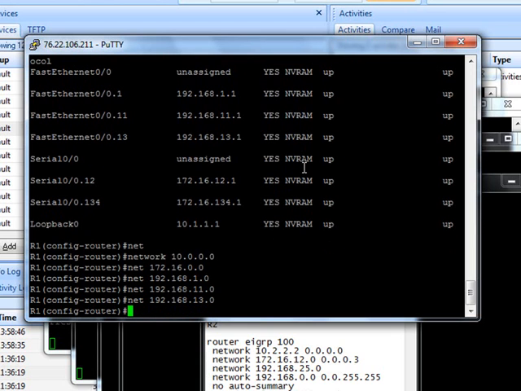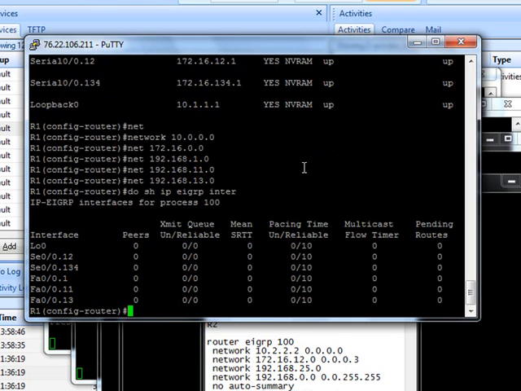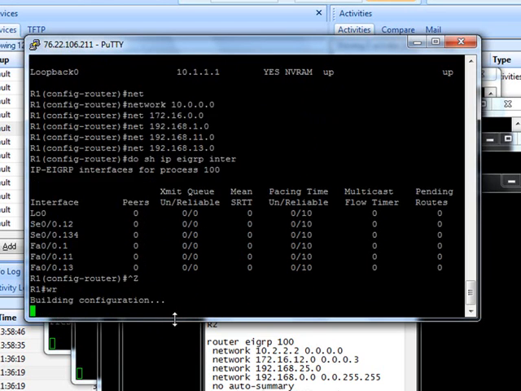So to make sure this is working the way we want it to, we can do show EIGRP interfaces. And it is running on all the interfaces we want it to. So that is working the way we planned.